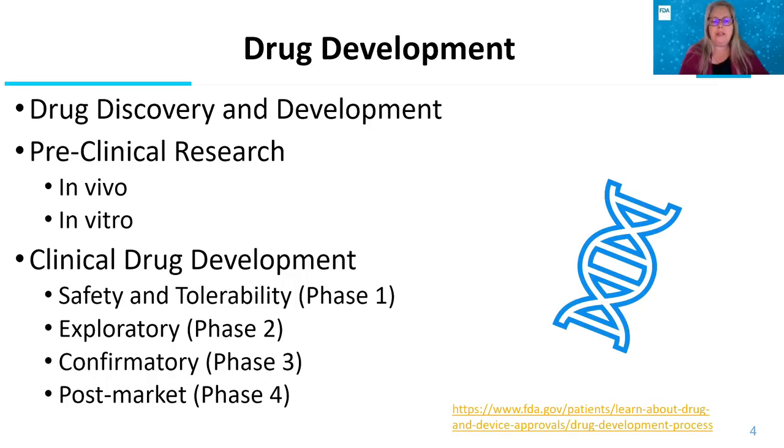When we get to the part where we're looking at first in human studies, that is when we typically get involved in the investigational new drug process, when a sponsor will submit their IND application to us and really begin that drug development process.